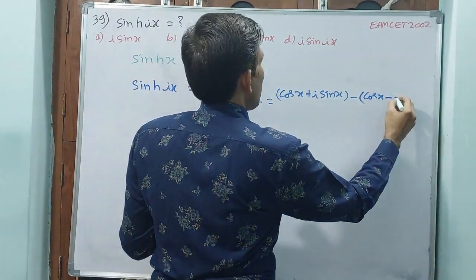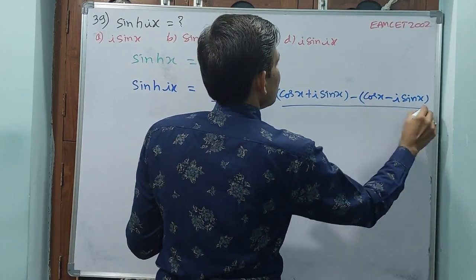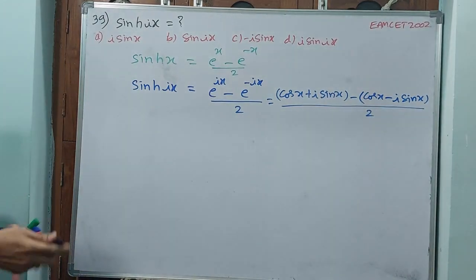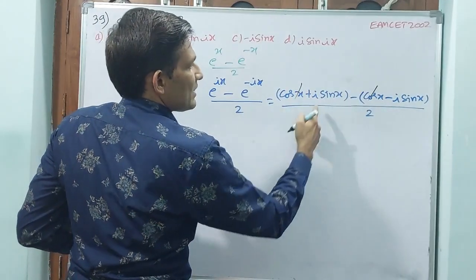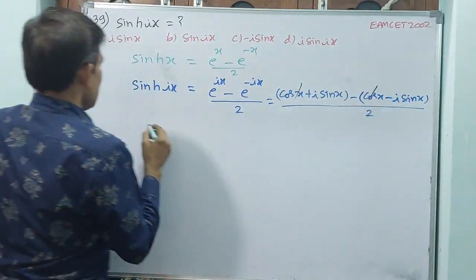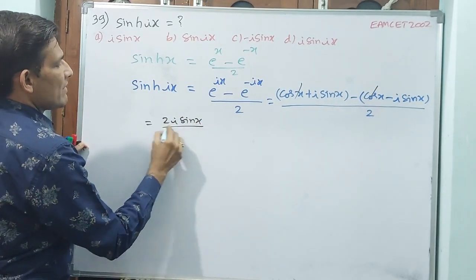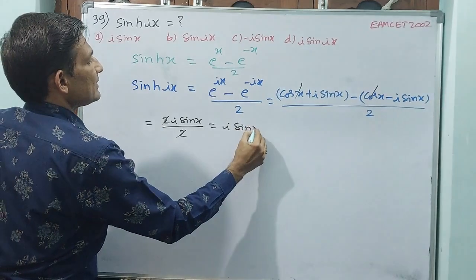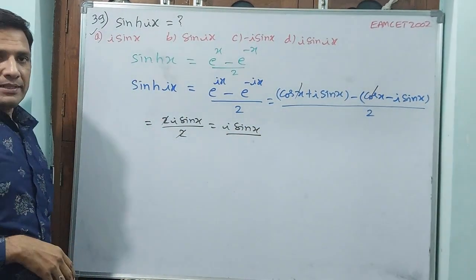Cos x minus i sin x, all divided by 2. Okay? If you open the bracket, you see cos is going to get cancelled, but you see minus of minus is plus, that means you see 2i sin x divided by 2. 2 is going to get cancelled. i sin x. A will be your answer.